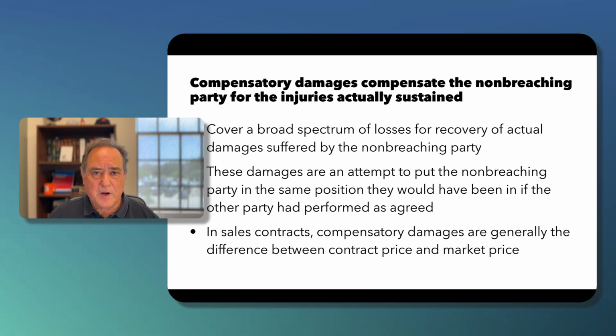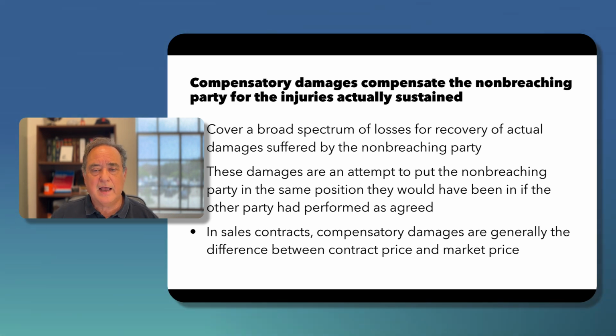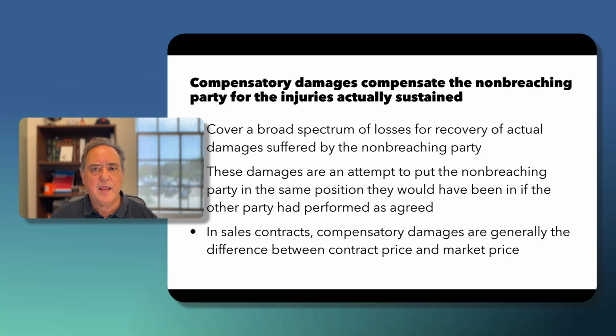Meaning, if I'm a buyer and I've contracted to buy t-shirts from you at $10 apiece, and you breach the contract as the seller, and I have to go out and pay $15 each for the t-shirts, then I am entitled to receive from you the difference in the amount I spent because of the market price, $15, less what the contract price was. So, the difference between contract price and market price.